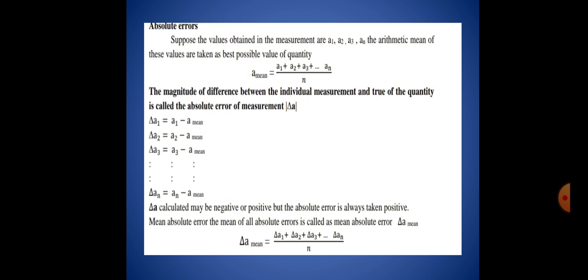When we don't know the actual value. और अगर आपको true value पता है, actual value पता है, तो you can just find it out by subtracting. Like if you know the individual measurement of the rod as 5 centimeter and the true value of the rod is 5.5 centimeter, then the difference is 0.5 centimeter.